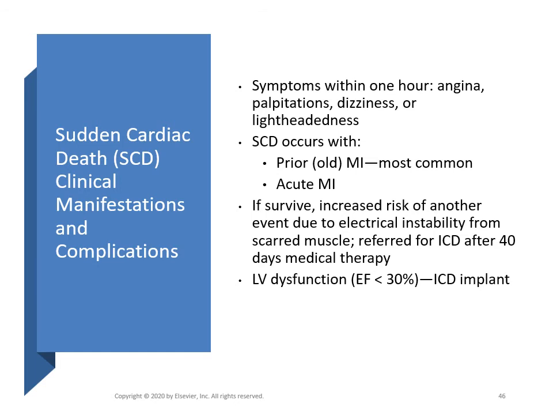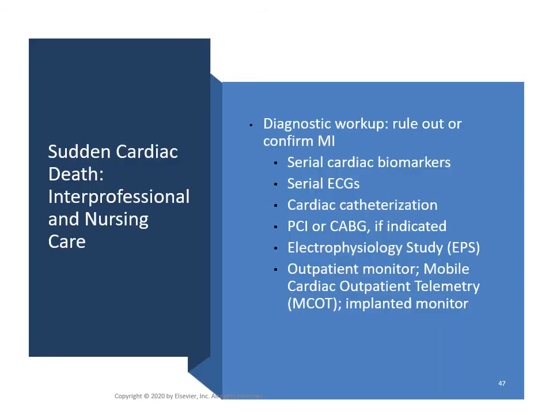It's difficult to know who's at high risk for sudden cardiac death. However, left ventricular dysfunction, as demonstrated with an ejection fraction of less than 30%, is the most commonly used tool to help guide decisions about ICD implantation.